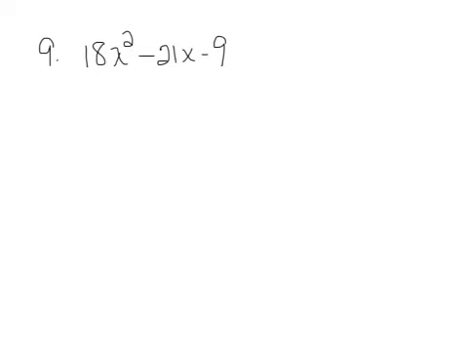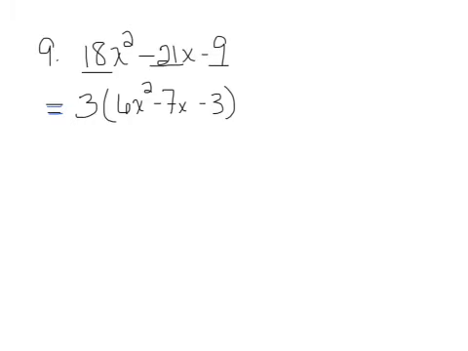In problem number 9, I'm looking at these numbers thinking they are pretty big, but I also realize that they each have a common factor. I can factor out a 3, and so I would get 6x squared minus 7x minus 3.